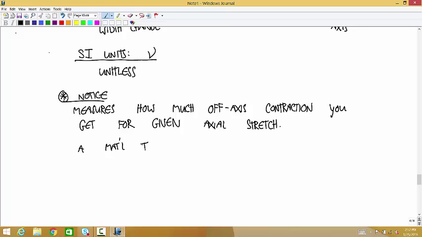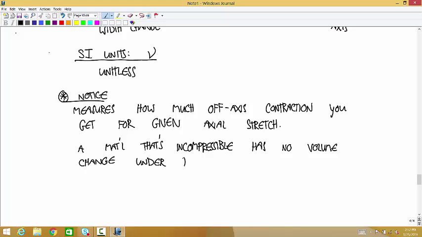A material that's incompressible has no volume change when it's stretched or compressed. No volume change under deformation. And in that case, Poisson's ratio is 0.5.